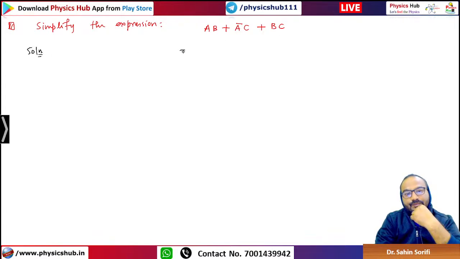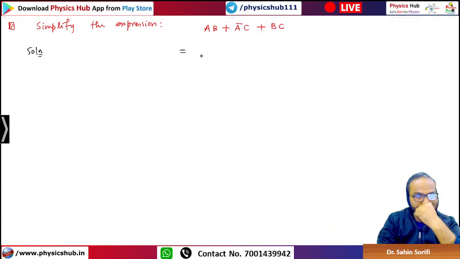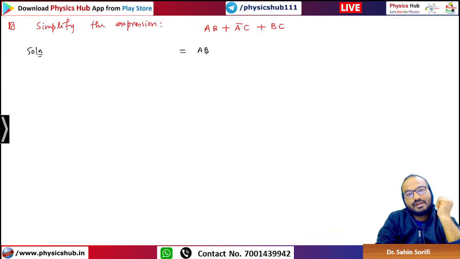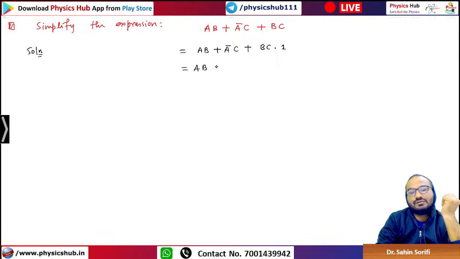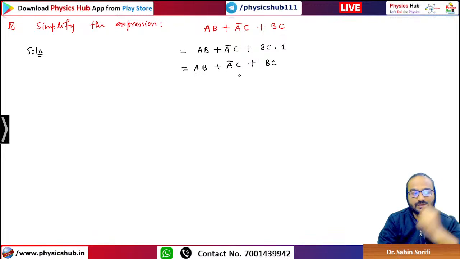Look, AB plus A complement C plus BC. How can we go? AB plus A complement C, BC is not standing alone. So we can write BC into 1. What you require? We require A and A complement.